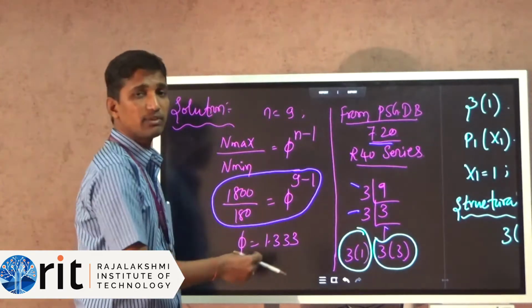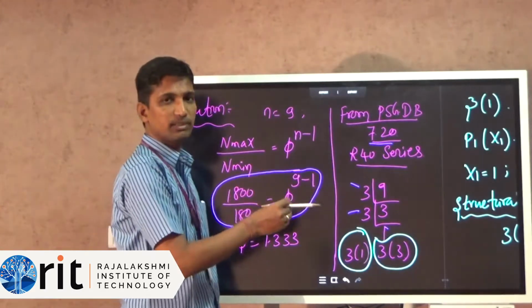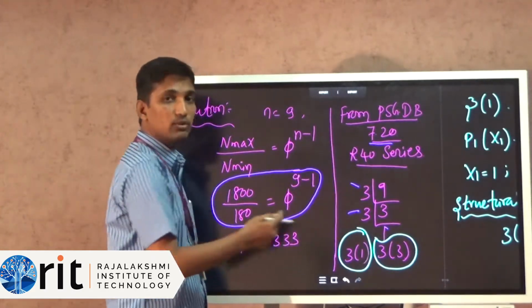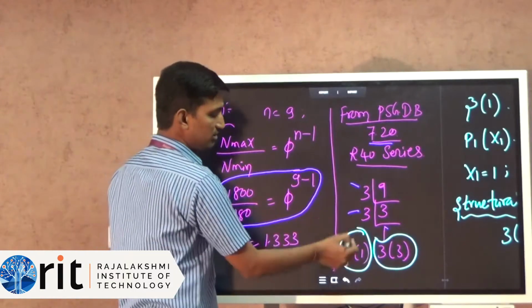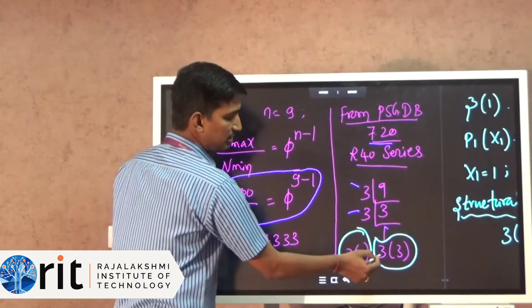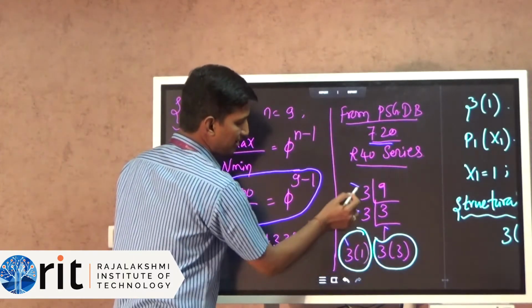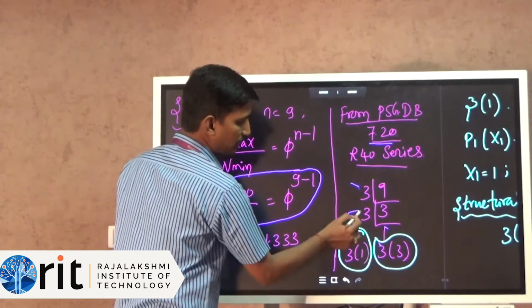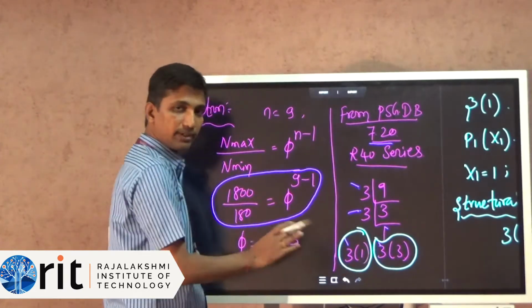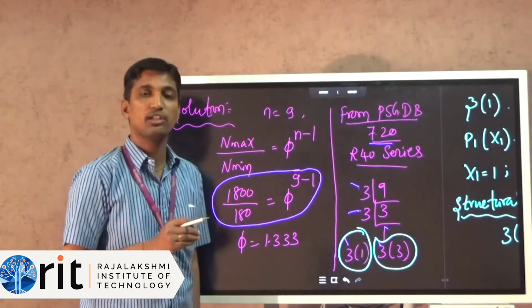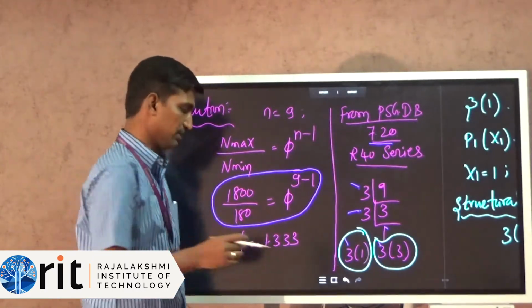Based on these values, this is a very easy shortcut method through which we can find the structural formula. This 3 represents this value, and similarly this 3 represents this value. Now I am going to tell you how to frame the structural formula.